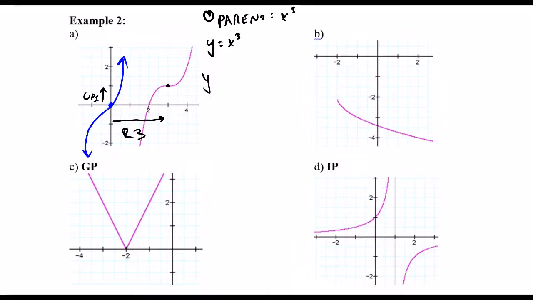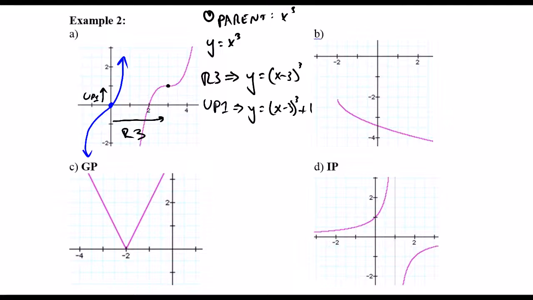So if we've gone right 3, what does that mean? That means that we are subtracting 3 from x. Crazy, I know. And going up 1 means that our quantity (x minus 3) cubed is going to be added to 1.